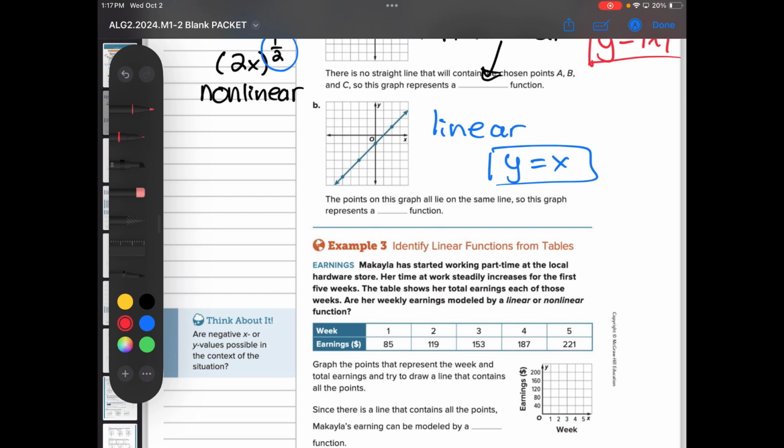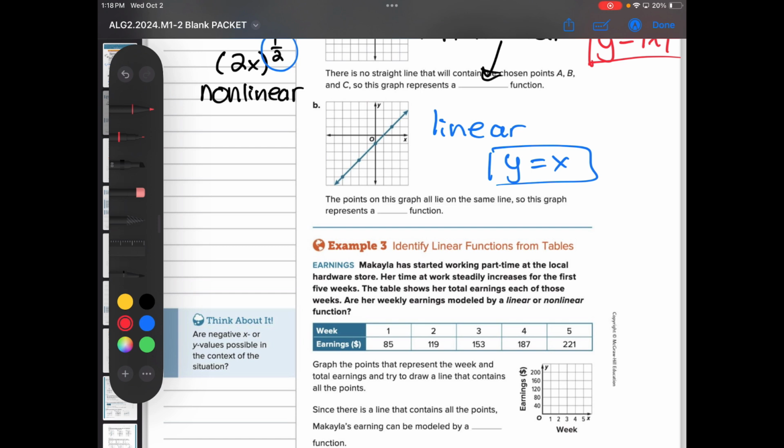So real quick here, we're going to look at example 3. So we have Michaela here, and she's starting to work part-time at the local hardware store. Her work steadily increases for the first 5 weeks. The table shows her earnings each of those 5 weeks. Are her weekly earnings modeled by linear or nonlinear?